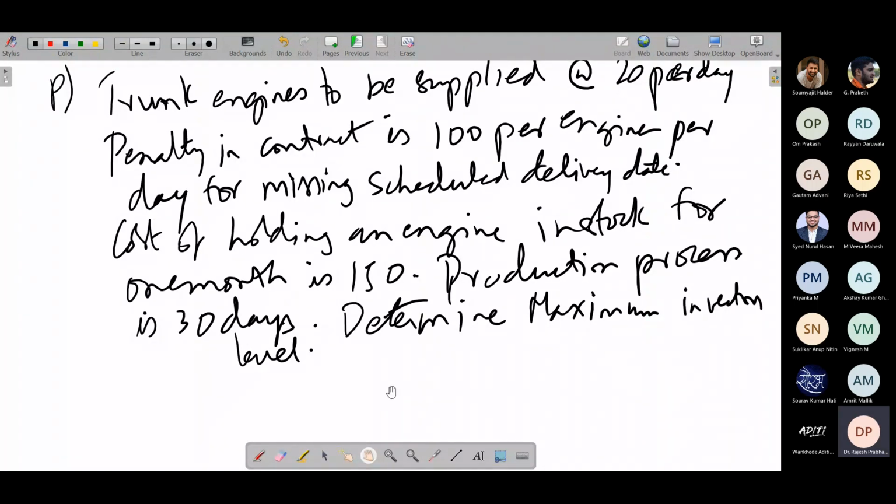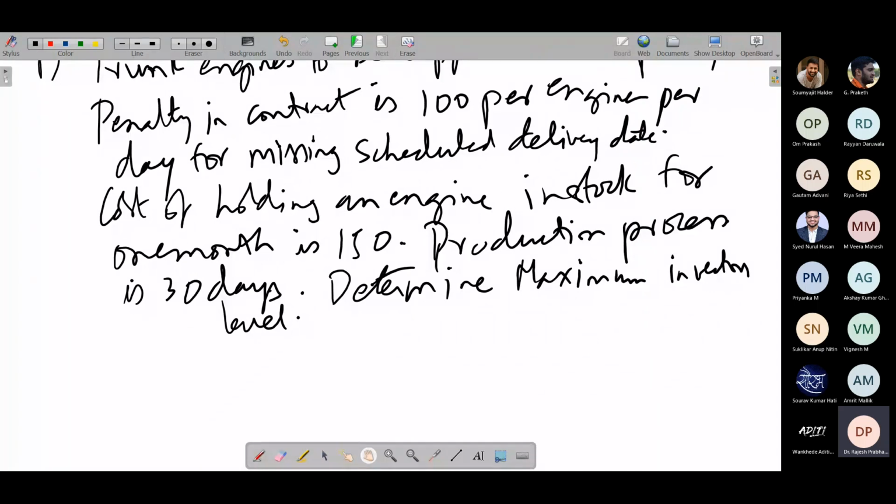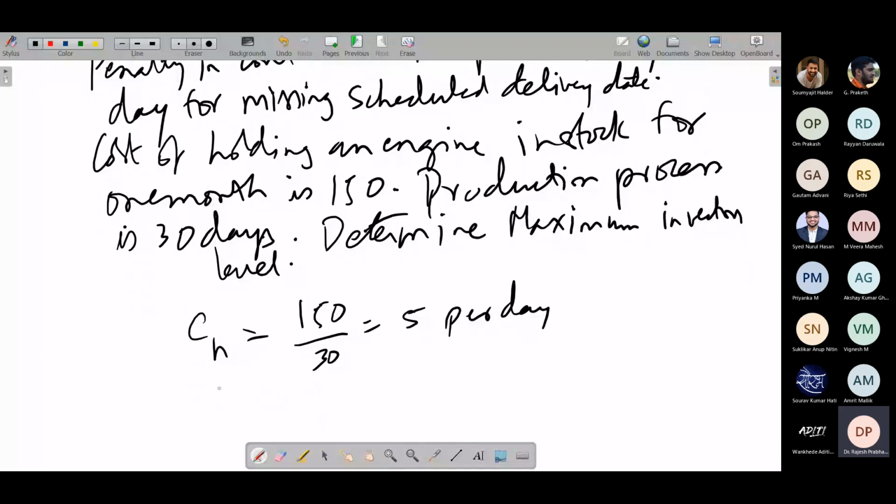All right, so let us identify the parameters. Cost of holding is 150 by 30, 5 per day.